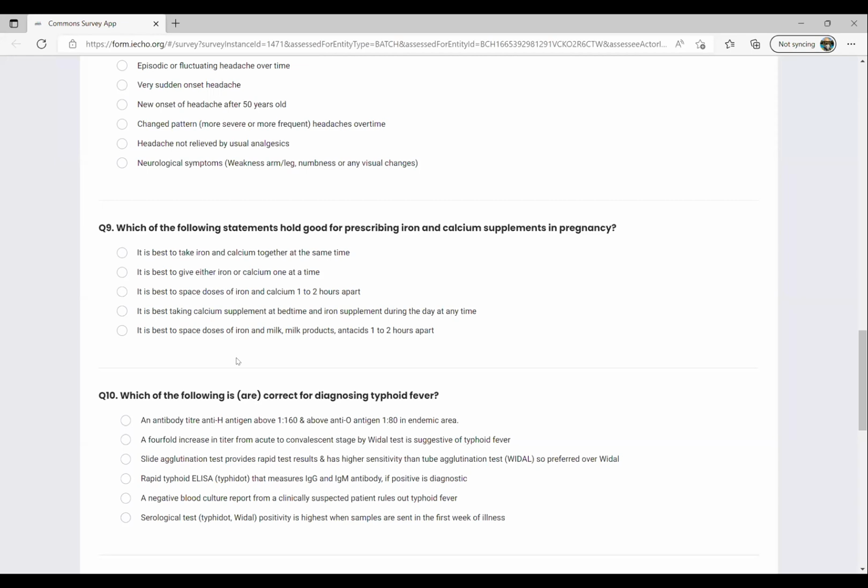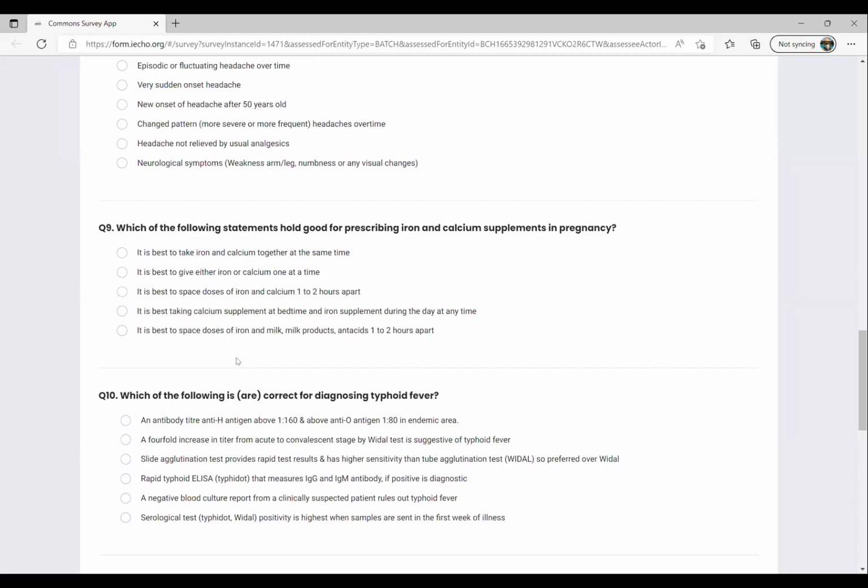The basic reason is not that the quality of the medicine is bad. It is the way we are administering, because if we give them together, or if you don't space them properly, at least there should be a spacing of 1 or 2 hours apart. Either you give 1 hour before or 2 hours after. So unless you follow that spacing between the doses, the drug will not be effective.